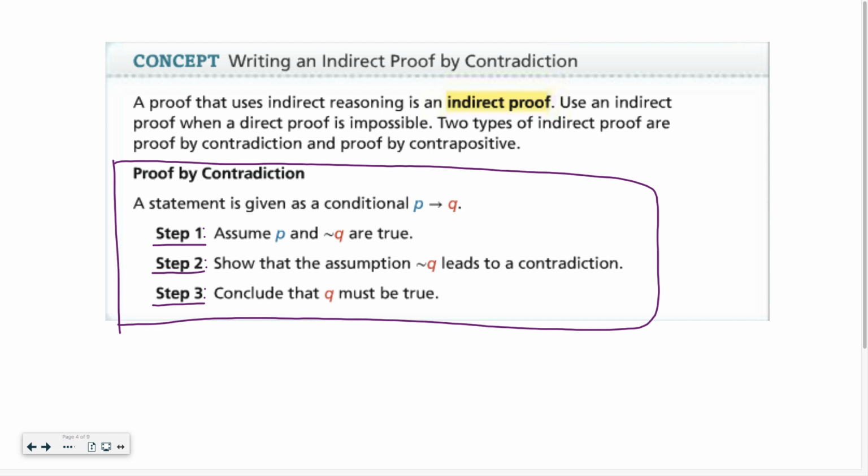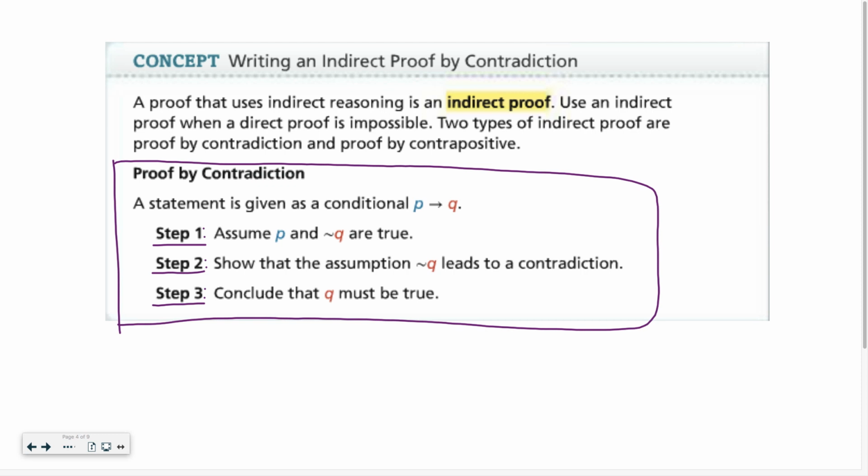Suppose we have a conditional: if P, then Q. Our first step in writing this proof is that we assume that the original statement P is true, and we assume that the negation of Q is true. I'll show you exactly what that looks like with an example in just a minute.